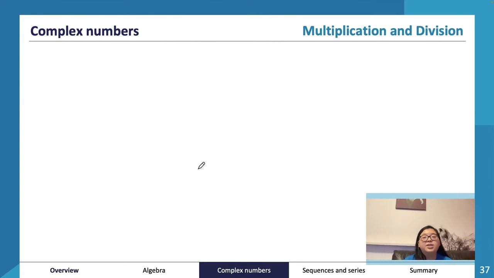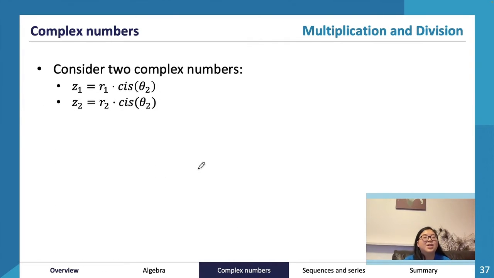Okay. In terms of multiplication and division, previously we would have done some expansion, we did the FOIL. It was okay, but it can get pretty complicated. Imagine if you had something like root 3 plus 4i times 7 over 2i plus 5 over 2. It would be doable, but a bit gross to do, right?